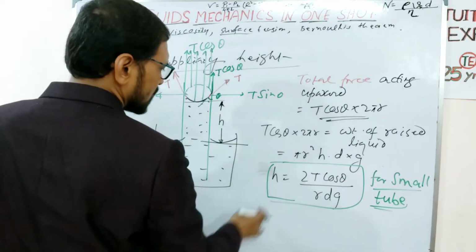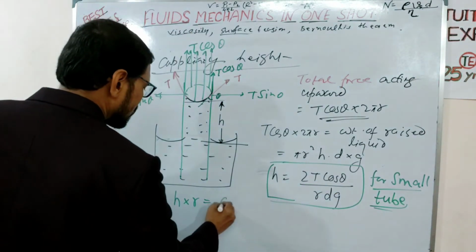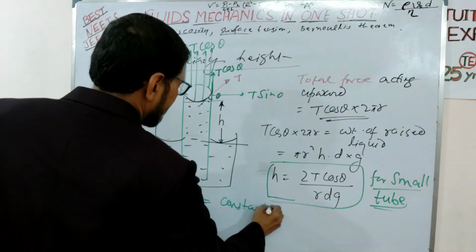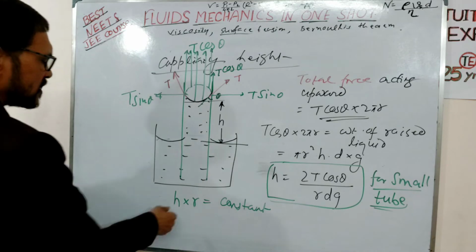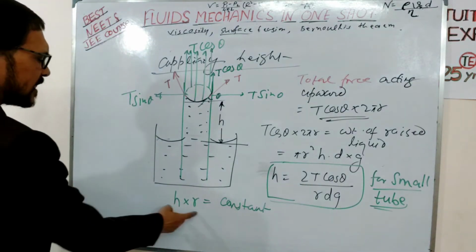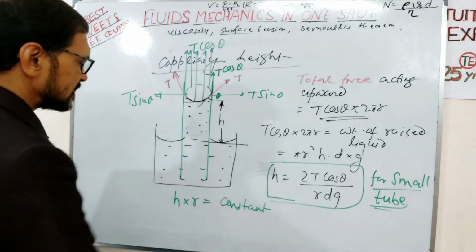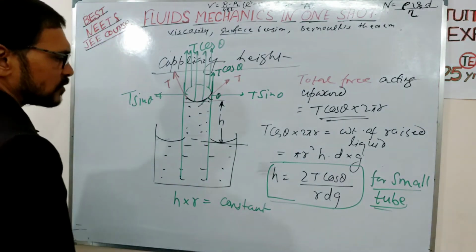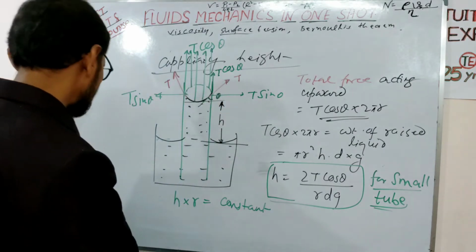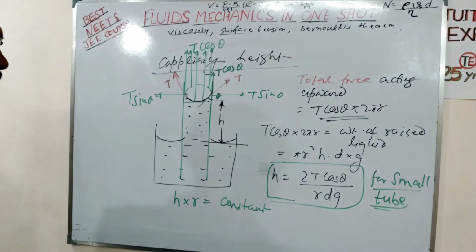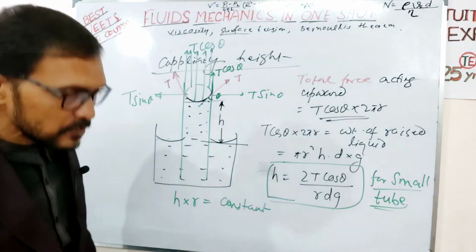Then h into r equals 2T cos theta by d g, a constant. So as the radius of the tube increases, the height decreases, because h into r equals a constant. This is the formula of capillary height.